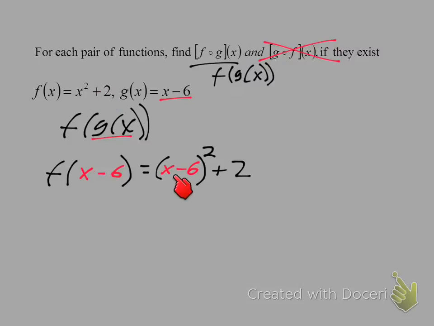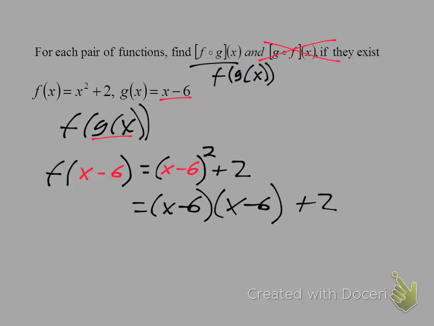Cool. Now, the question becomes, how do you square this? Robert? How do you square a binomial? Like, do it twice, basically. Like, x minus 6, and then, like, factor, what? Foil. You foil. Okay? x minus 6 times x minus 6 plus 2.